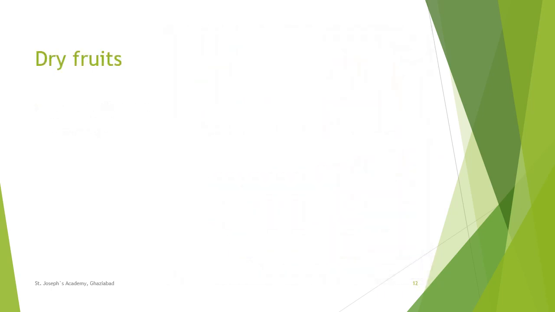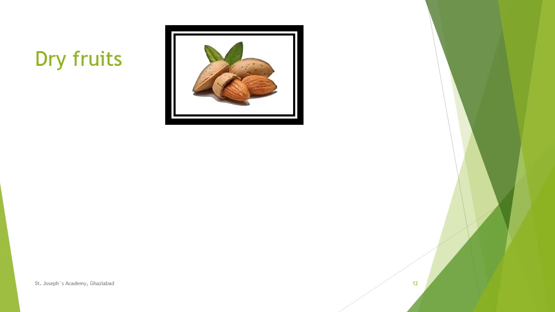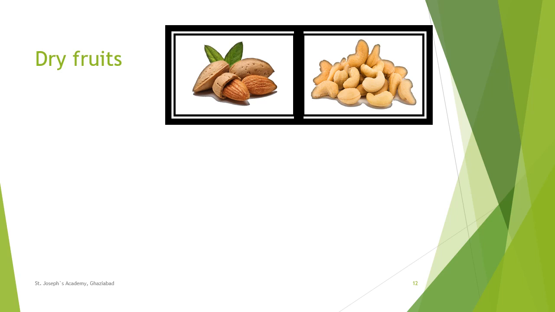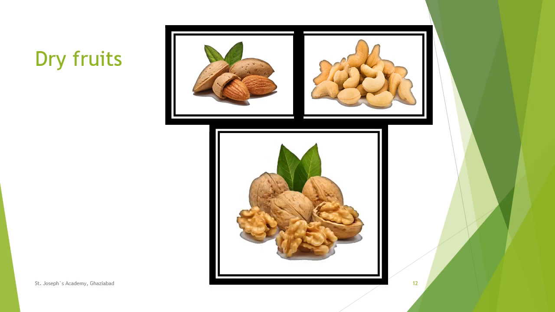Next is dry fruits. All of you must be loving to eat the dry fruits, and you can easily identify the picture, which is of almonds. Second is of cashew nut. Third one is of the walnuts.